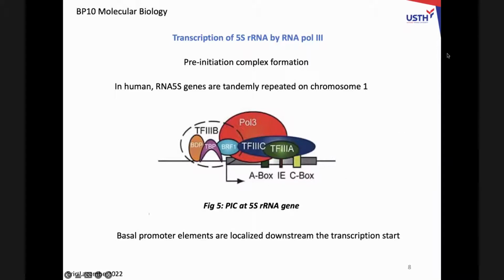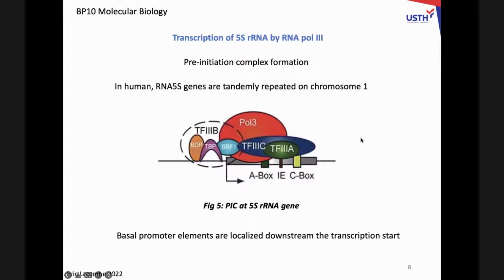One important feature is that the basal promoter elements, as written at the bottom, meaning the elements present in the DNA sequence responsible for interacting with all the transcriptional machinery, are localized downstream of the transcription start.